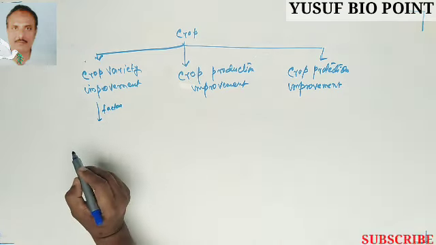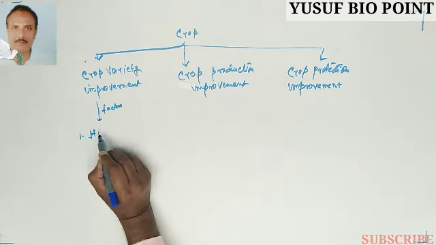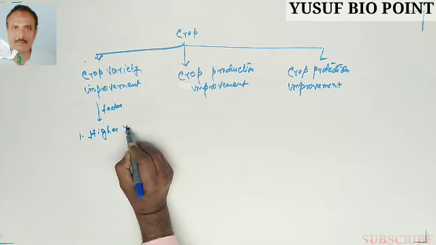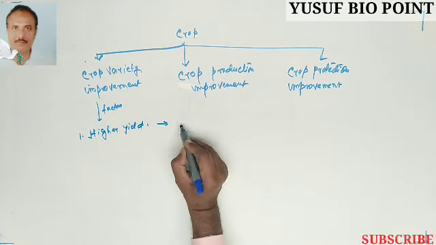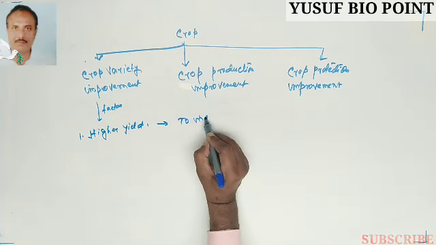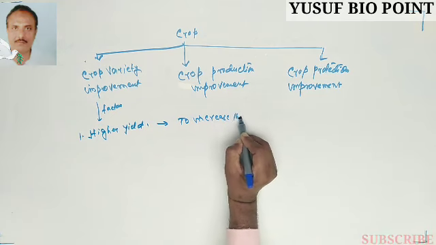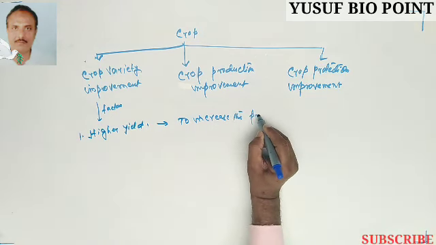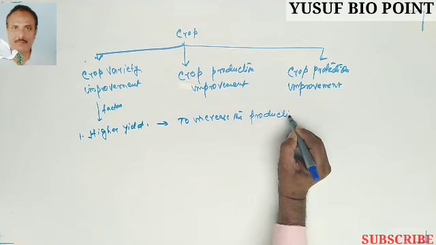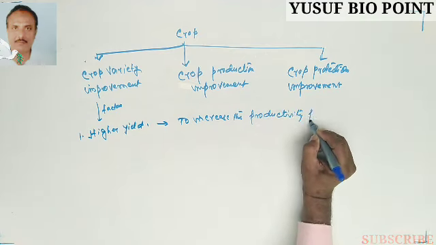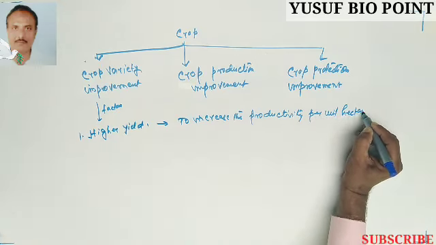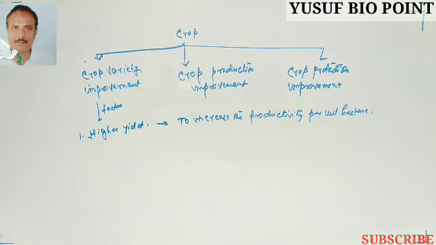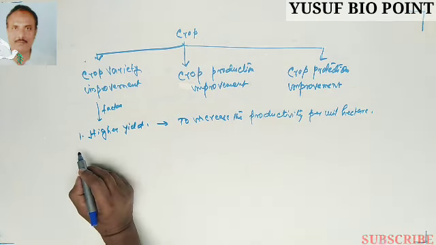And in that, the factors are, first, yield, which means to increase the productivity per unit hectare, meaning in 1 hectare how much we can increase the productivity, what type of seed we use.